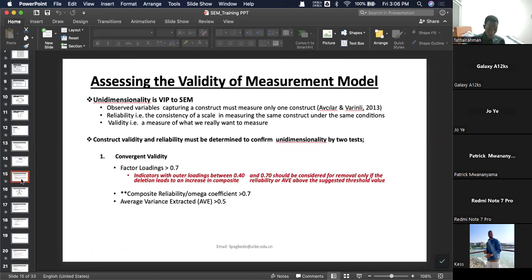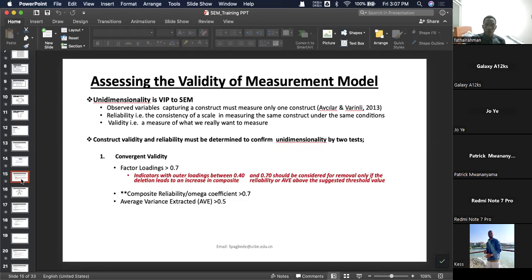For us to validate our measurement model, yesterday I did mention that the measurement model simply means the relationship between the indicators and the construct. Something very important to SEM is what we call unidimensionality. It's a big word, but very simple. It simply means that when you've created a construct, make sure that the construct is being measured by the underlying indicators alone.